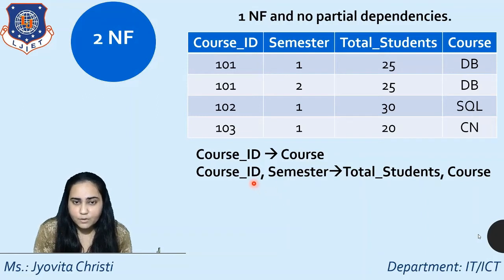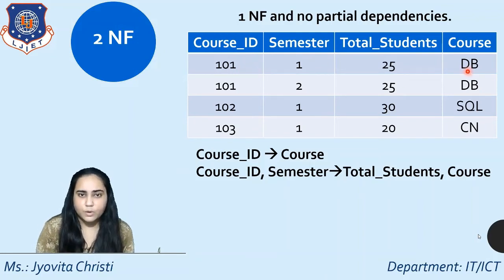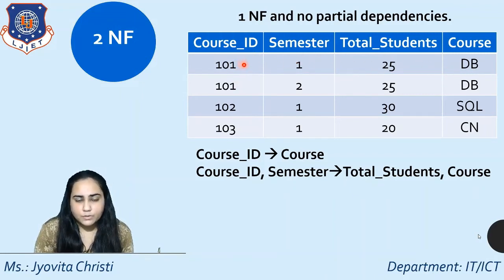Here I'd like you to notice first of all what a functional dependency does. When I say course ID determines course, you can see from the table directly that if I ask you which course has the ID 101, you'll definitely tell me that it is DB, because 101 is coming 2 times, and both the times you have DB as the course.